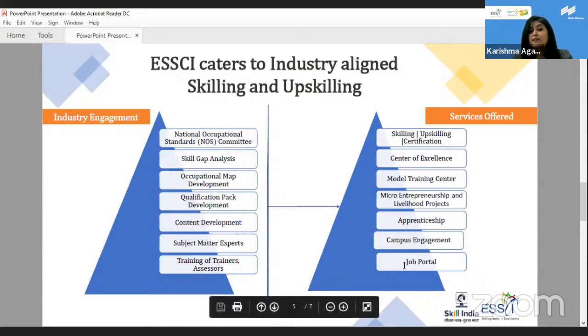We are also providing a job portal, where industry can give their demand, current demand as well as future demand, to map the skilled talent through the portal.